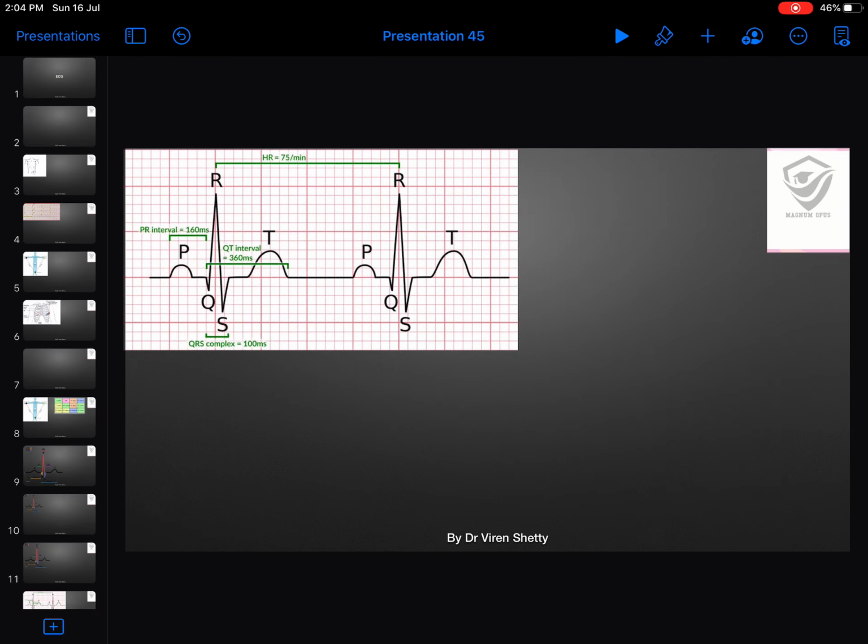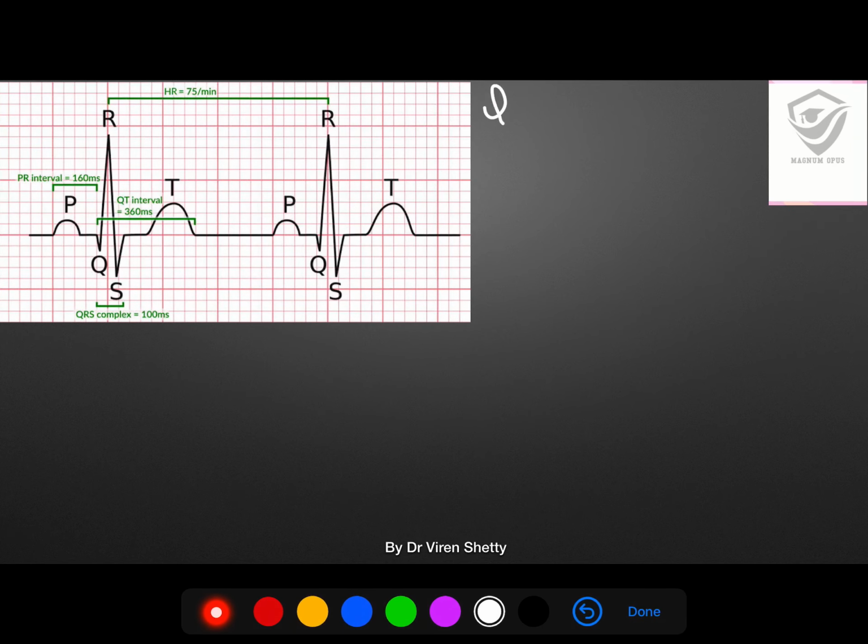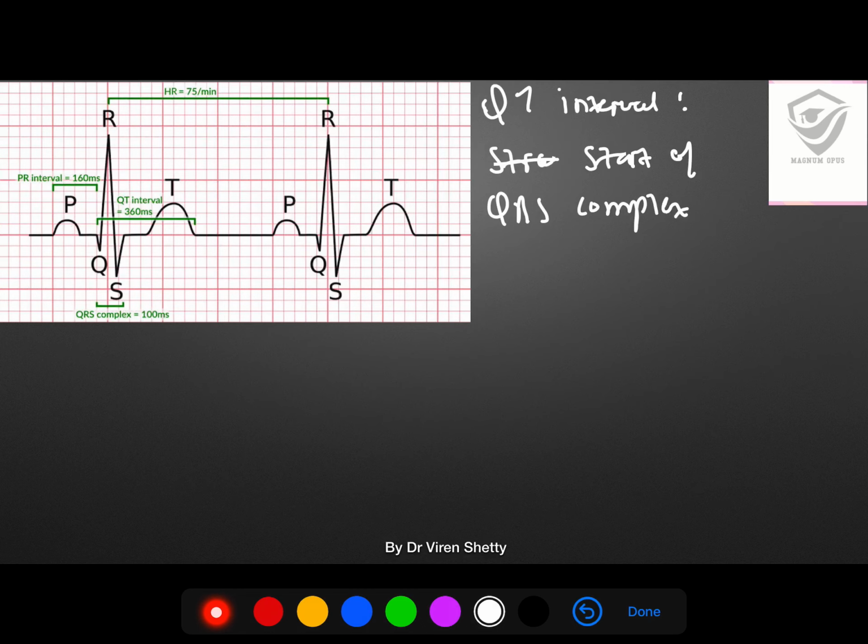Then we'll go to something called the QT interval. QT interval ranges from the start of QRS complex to the end of T wave.